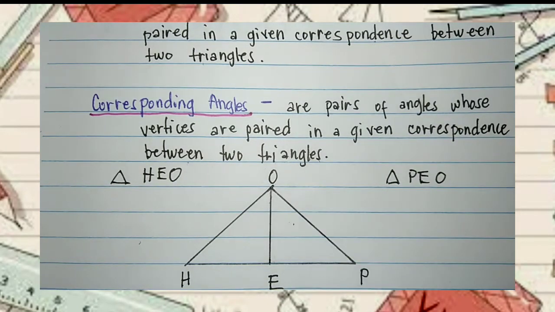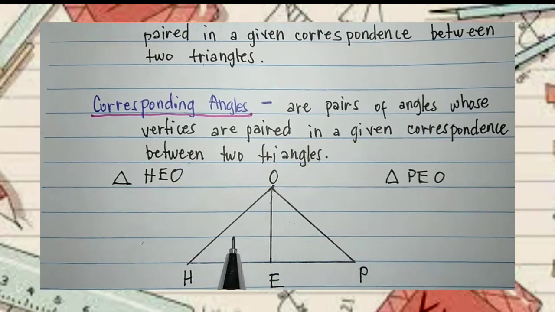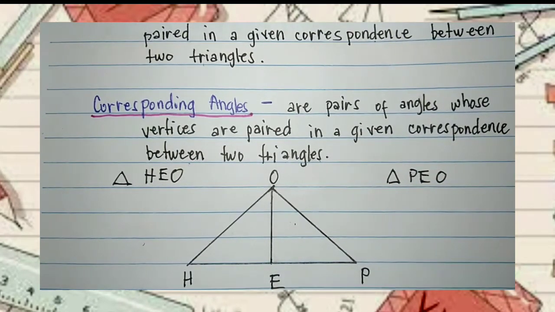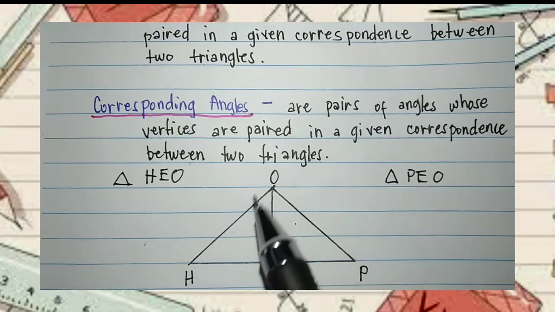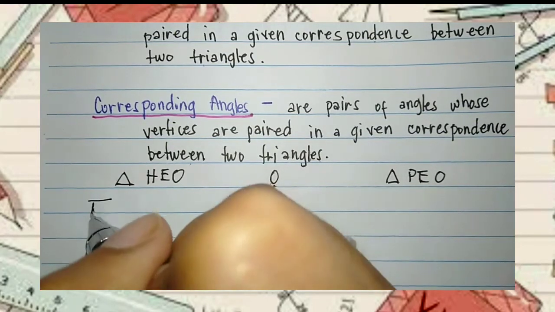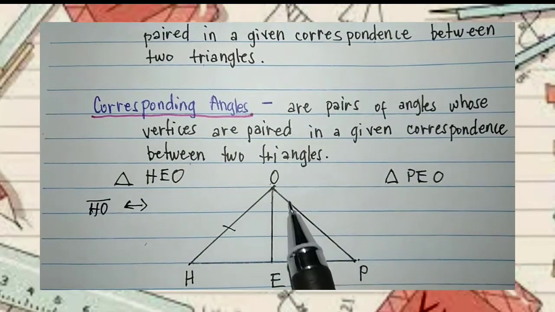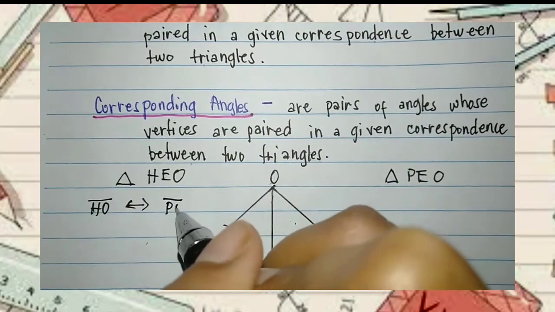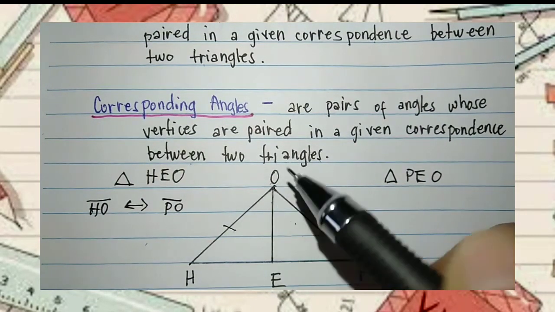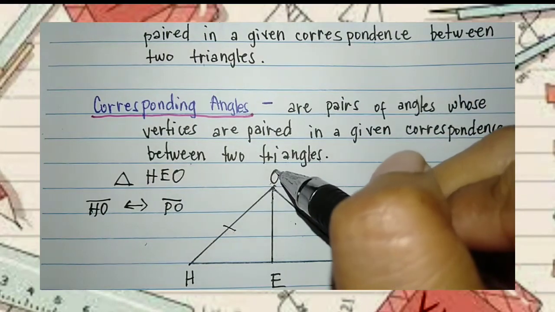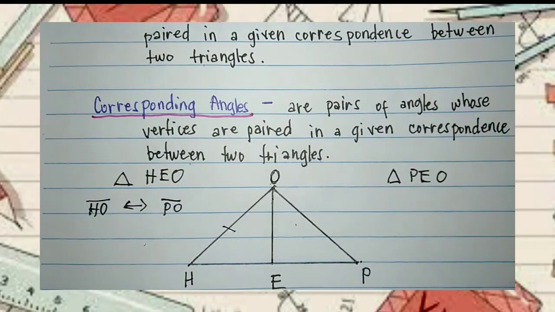What are the corresponding sides of these two triangles? We have side HO corresponds to segment PO. So, huwag kayo malilito, pinagsama lang natin. And, syempre, dahil pinagsama natin, isa lang yung letter na pwede nating ilagay sa kanya.